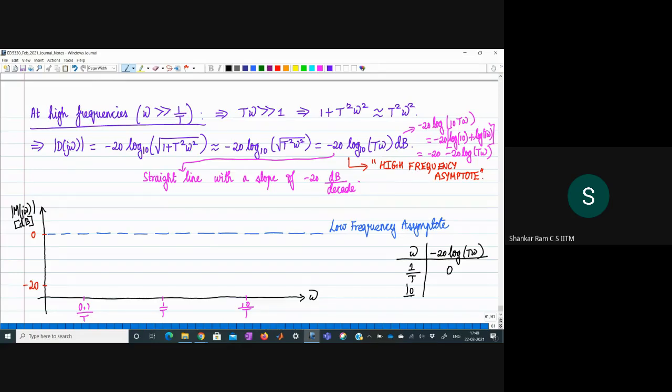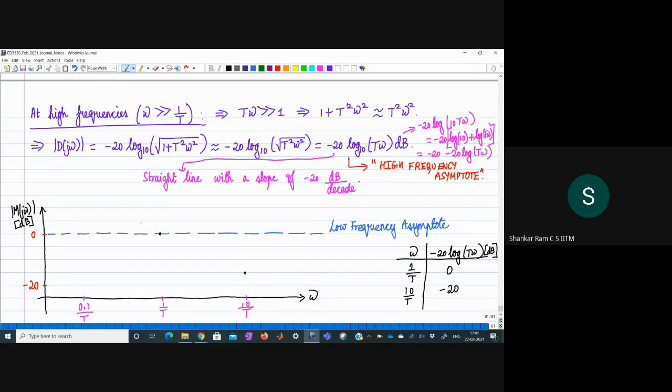Correct. So now if I substitute omega equals 10 by t, what will I get? I will get minus 20, right? Of course, this is in decibels. We need to write the units. So for the high frequency asymptote, at 1 by t, we have 0. At 10 by t, we have minus 20.